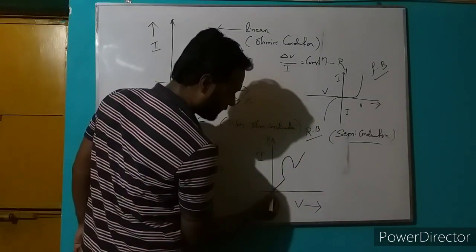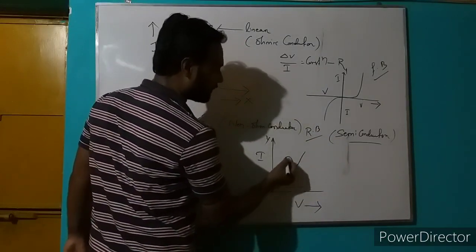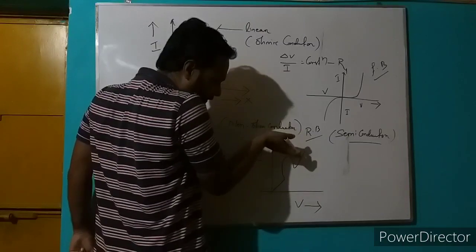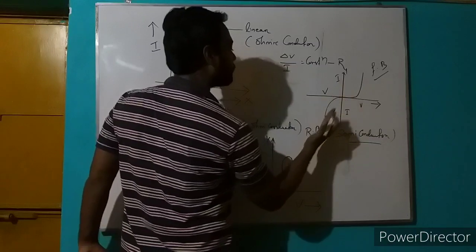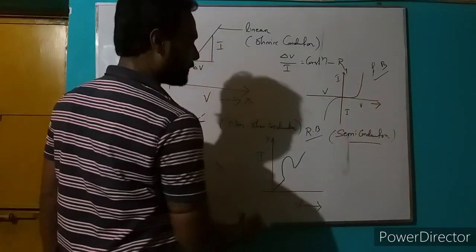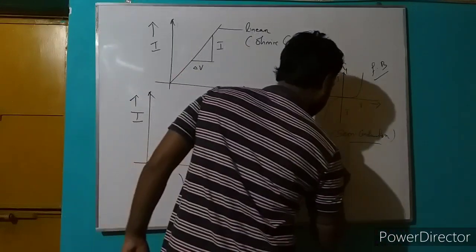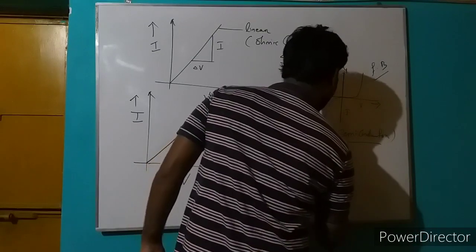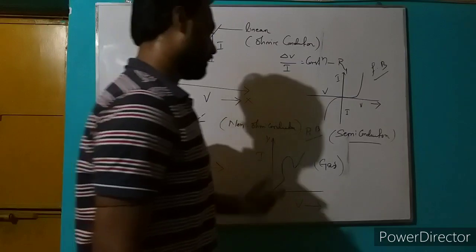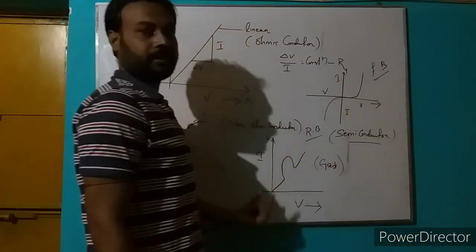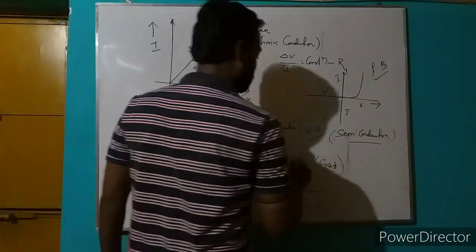At first it becomes linear, after that it becomes irregular, again it decreases downward, after that again it becomes linear and moves in an upward direction. So that graph shows gas. It is also a non-ohmic conductor.